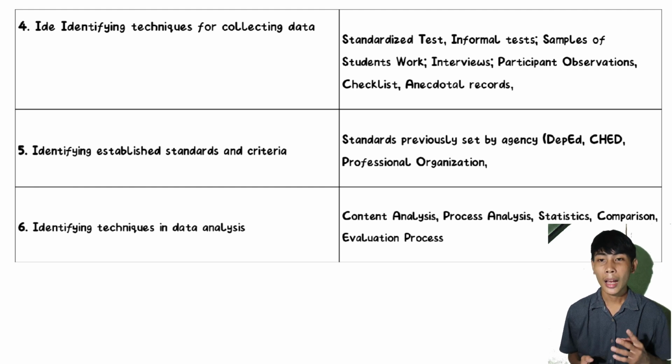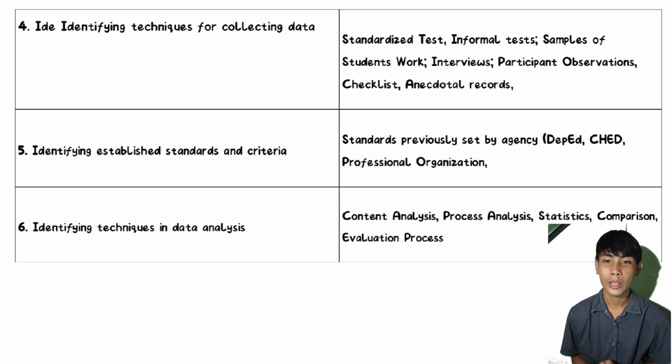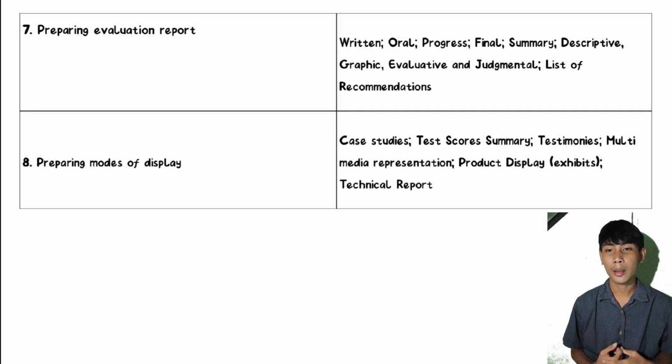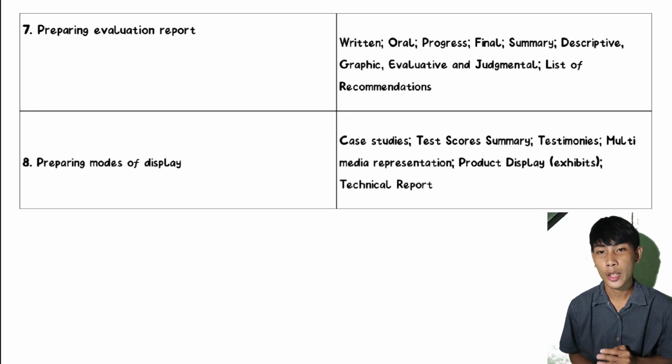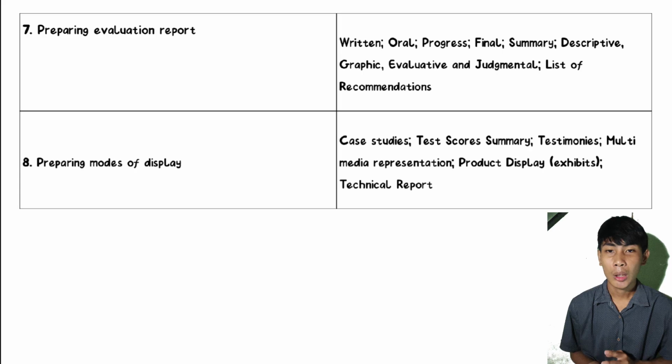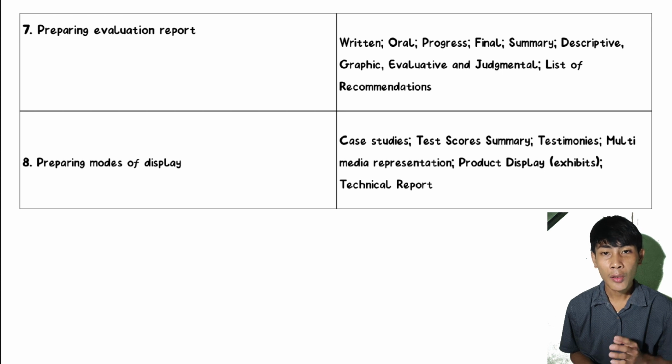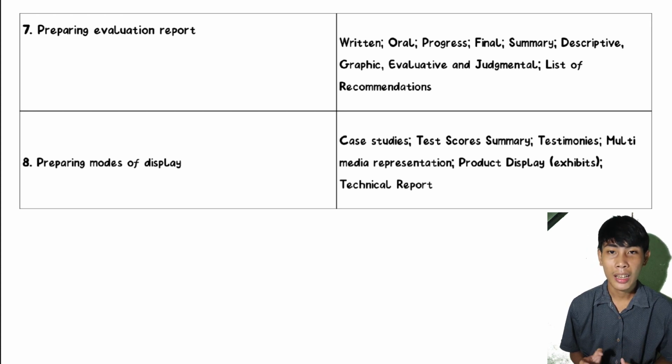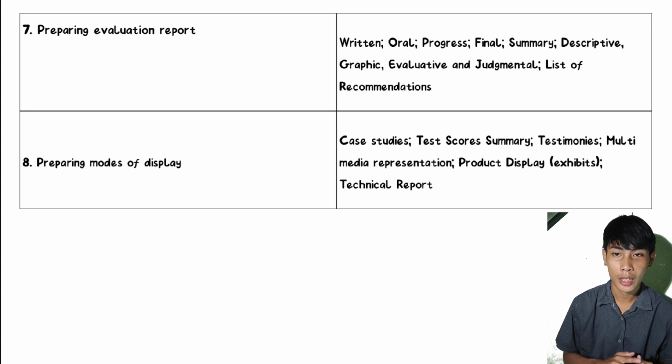Number 6, identifying techniques in data analysis. So we need to consider the content analysis, process analysis, statistics, comparison, evaluation process. We have here number 7, preparing evaluation report like written, oral, progress, final summary, descriptive, graphic, evaluation, and judgmental, list of recommendations.